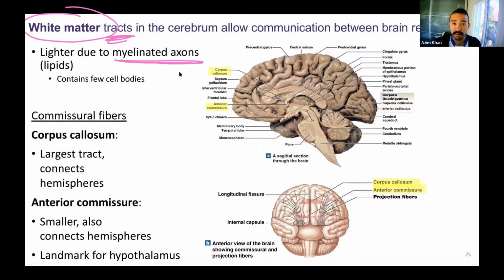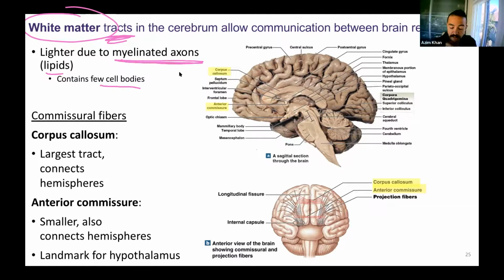Myelin is made of, in this case, oligodendrocyte membranes, and membranes are made of phospholipids. Lipids stain lighter. There are few cell bodies found in white matter. You might find a sporadic neuron cell body. You can find glial cell bodies, but not very many neuron cell bodies.